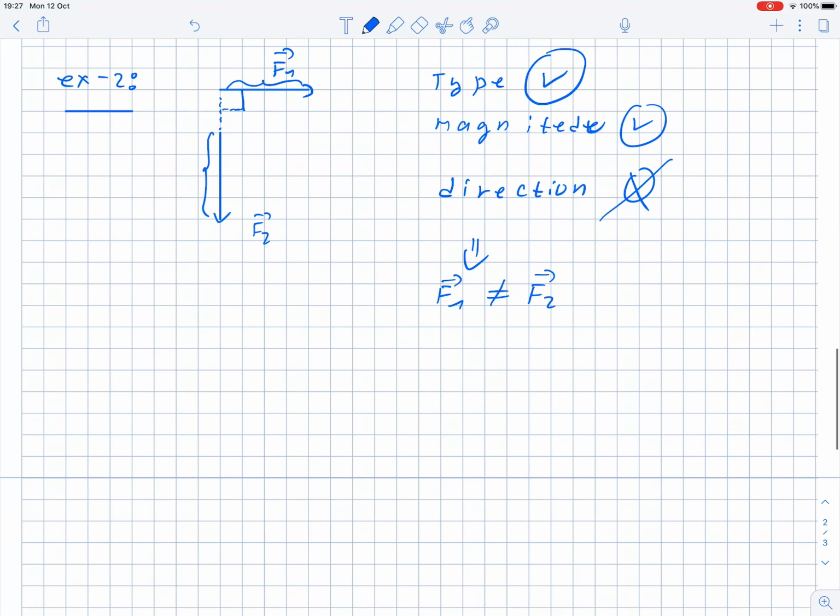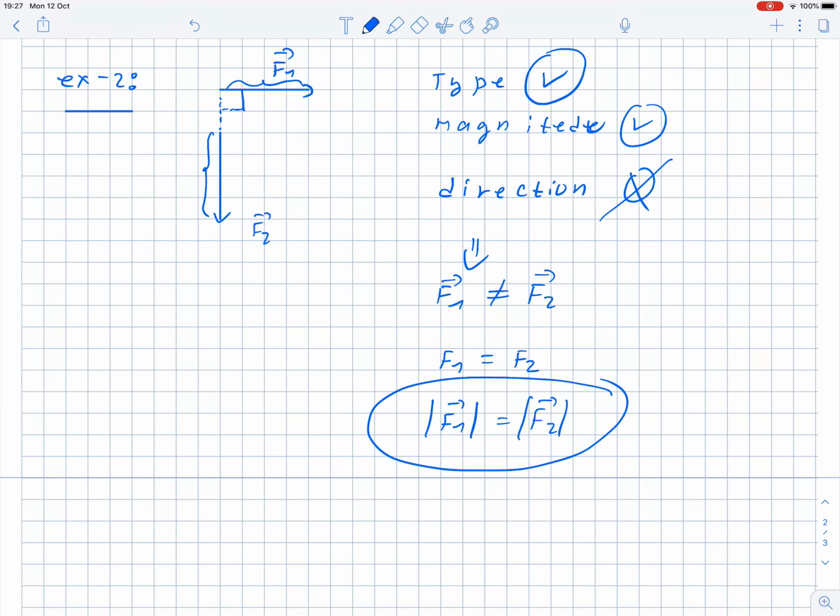However, the magnitude of F1 equals the magnitude of F2, or you can also denote this as F with an arrow, like this. This also represents the magnitude of those two vectors.